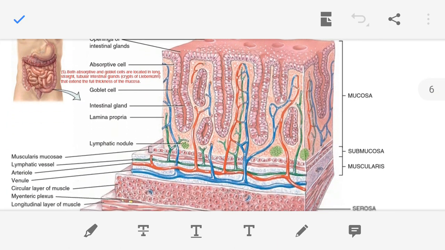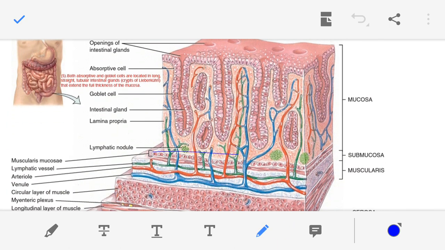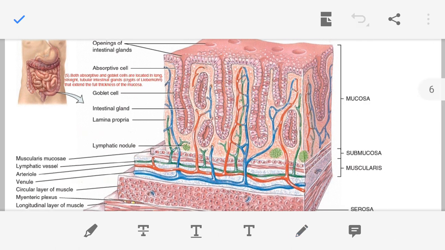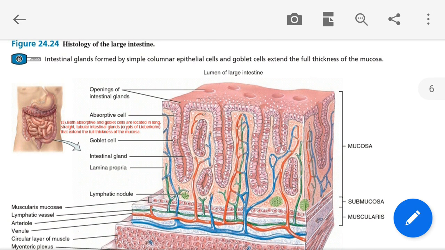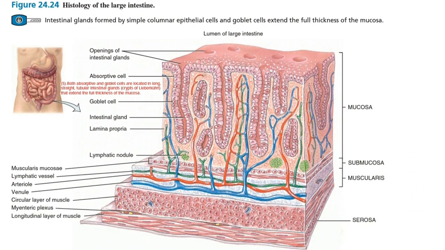So here you see, this is the mucosa, and along its entire length the intestinal glands are extending. This is also a very important figure for you, so go through this figure and try to remember all the names.